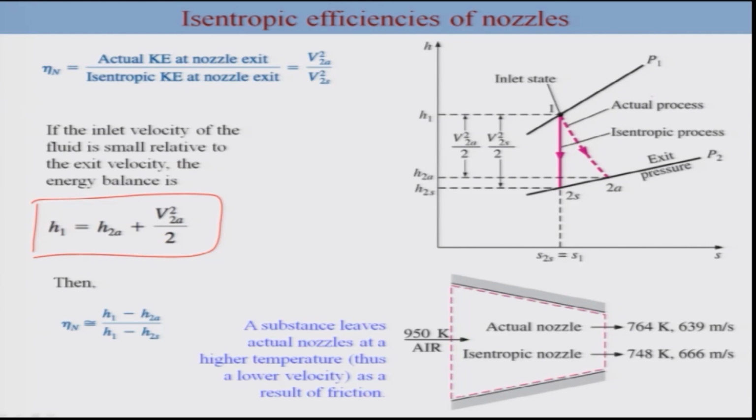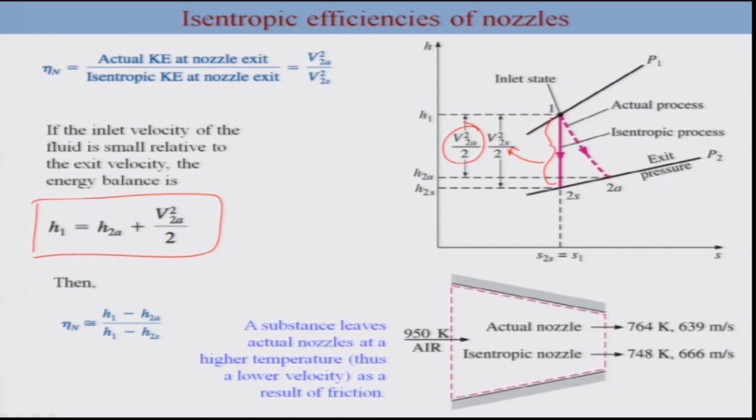So, this is your initial pressure, okay, and the final pressure P2 is the same for both the actual and isentropic, and the delta H can be simply shown to be in terms of kinetic energy, okay, and thus your change here is simply the kinetic energy for the exit condition at isentropic conditions, and this change for the actual one is going to be simply the kinetic energy at the exit condition for the actual case.